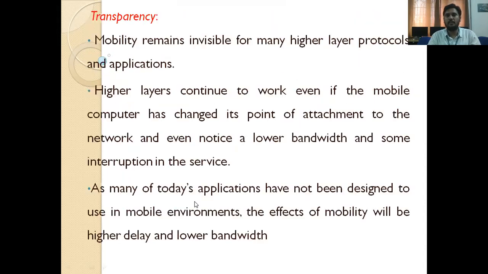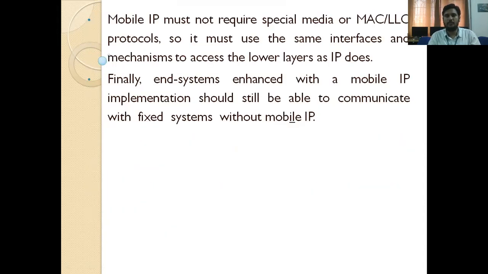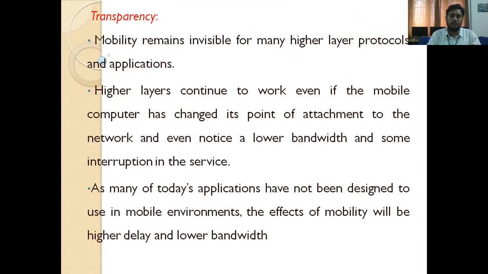And the next one is transparency. Another requirement for mobile IP is transparency. Mobility remains invisible for many higher layer protocols and applications. Where it moves, at what time it moves, and how far it moves is invisible to higher layer protocols and applications.